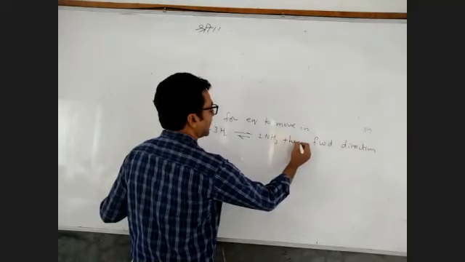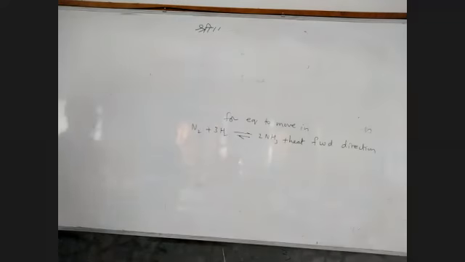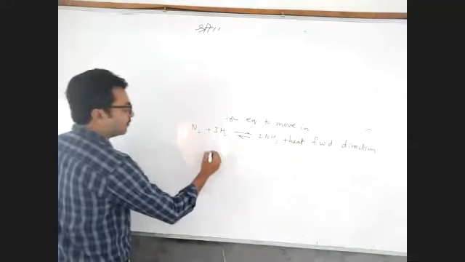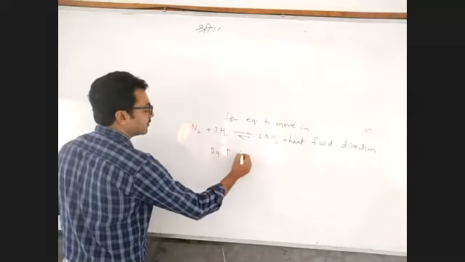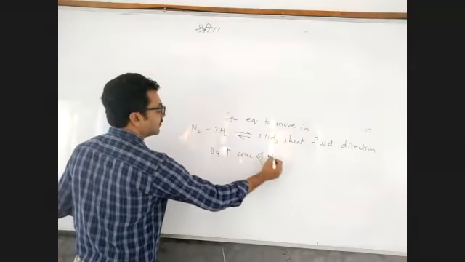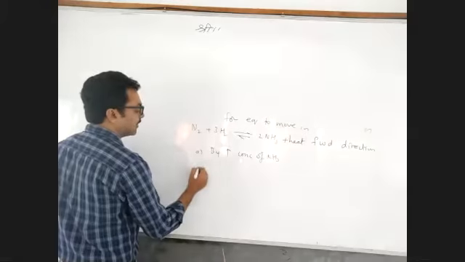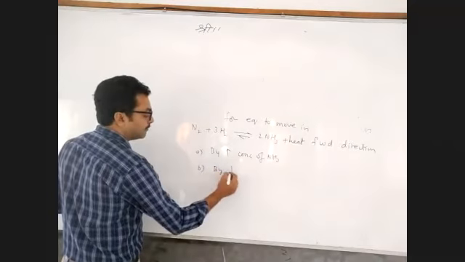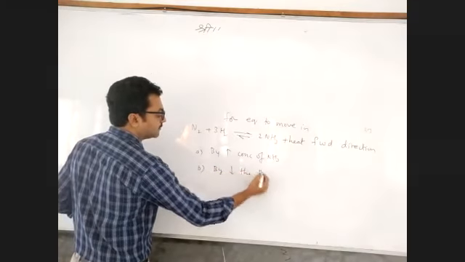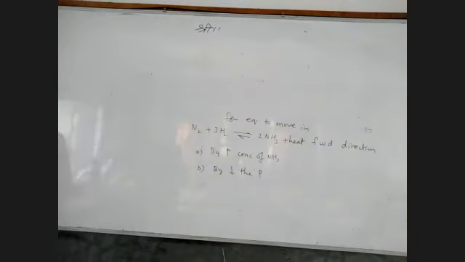Now see, a small thing I have given. So what effect will be there? Temperature effect also will be there. So in which case will it move in the forward direction? Option A: by increasing the concentration of ammonia. By decreasing the pressure.